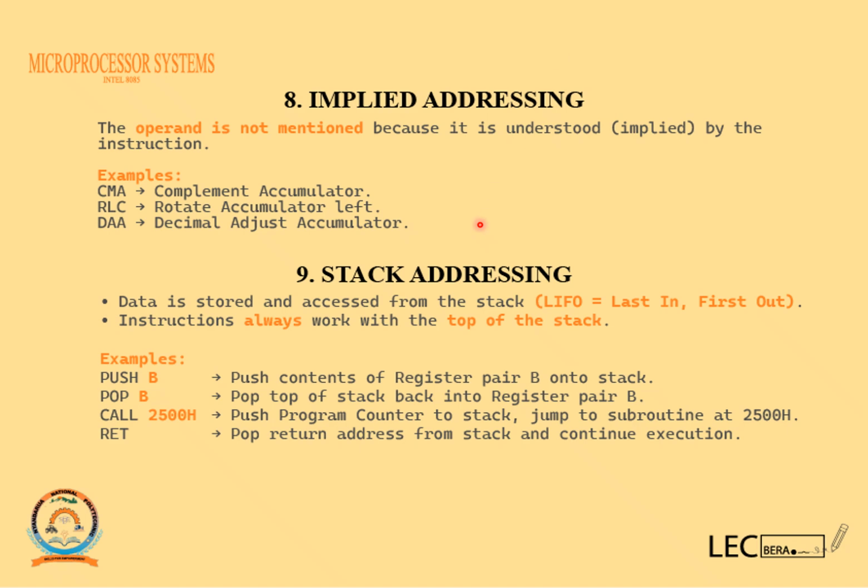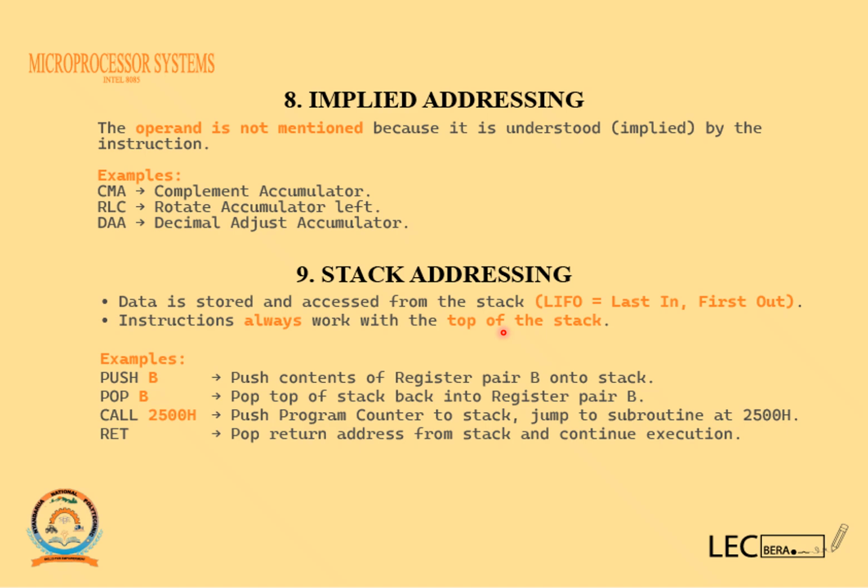In stack addressing, data is stored and accessed from the stack, that is last in, first out. Remember, the stack is a section inside RAM. It's a special memory location which is set aside inside the RAM.